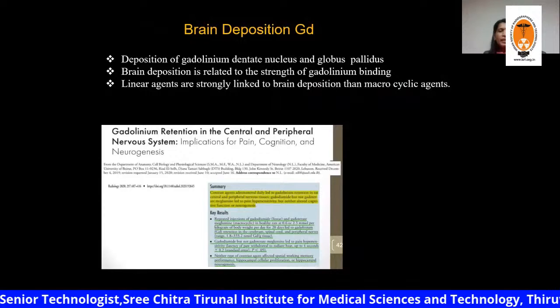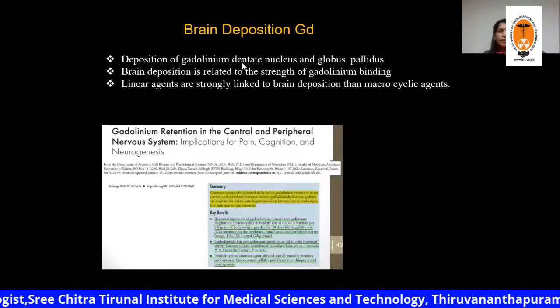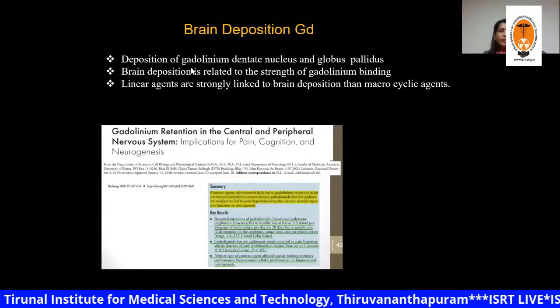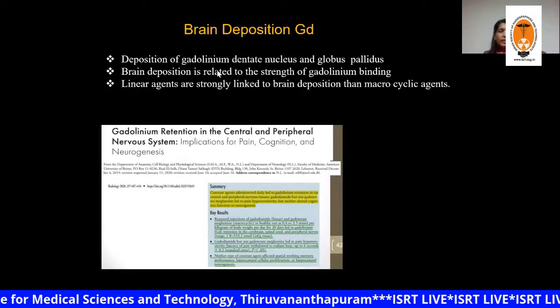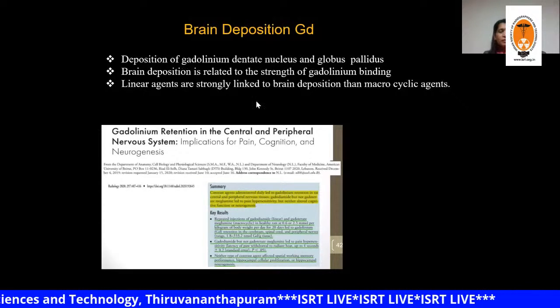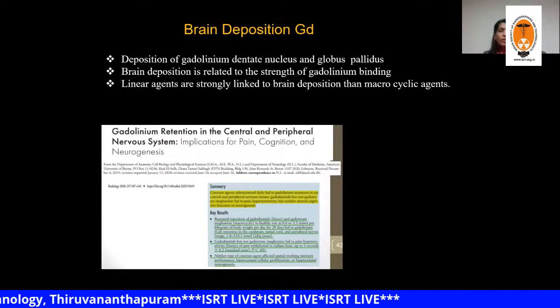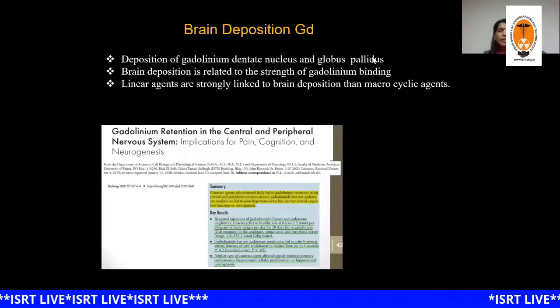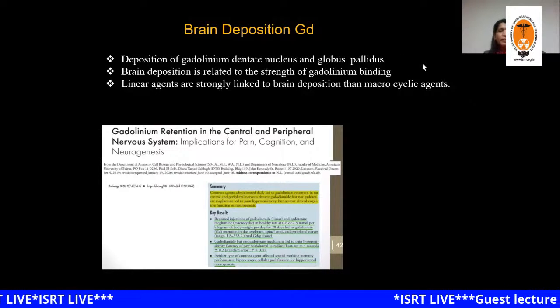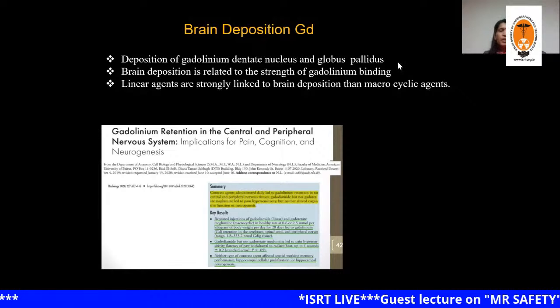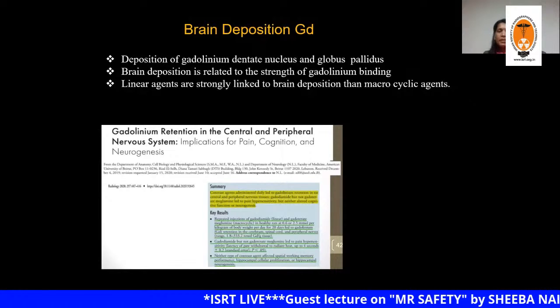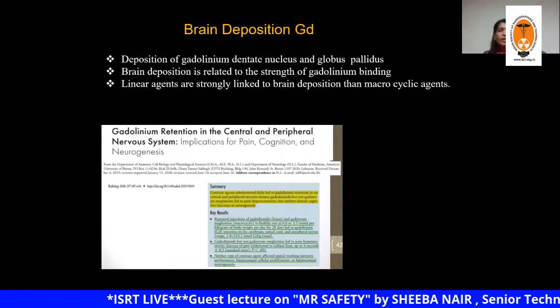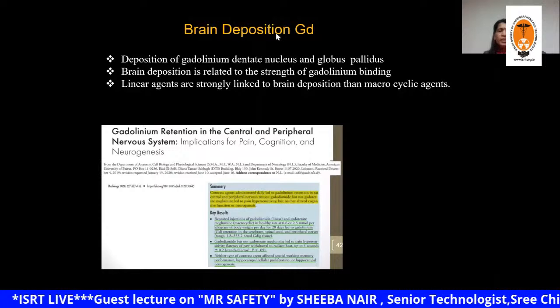Also, with linear agents, there can be a free release of gadolinium, which can cause deposition of gadolinium in the brain, especially in the dentate nucleus and the globus pallidus. Patients who received repeated gadolinium injections have shown gadolinium deposition.